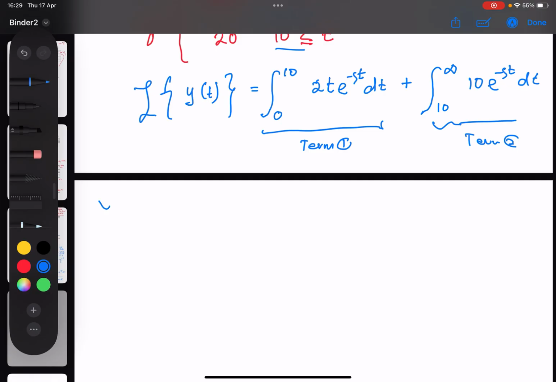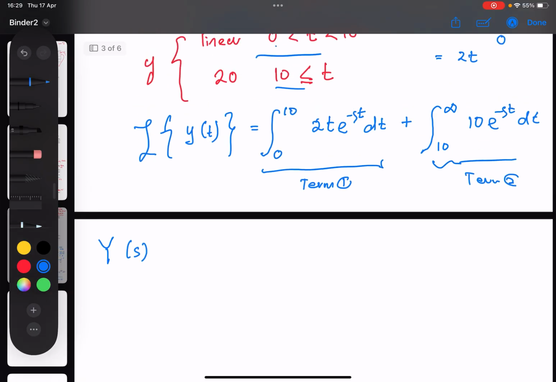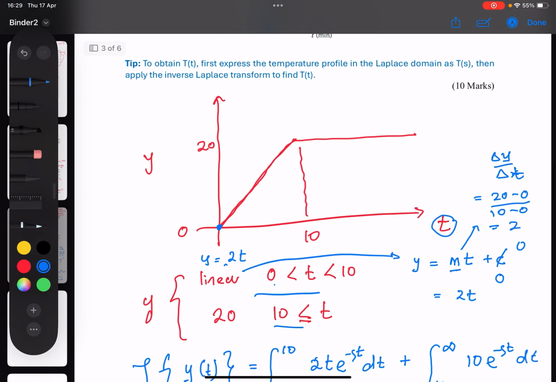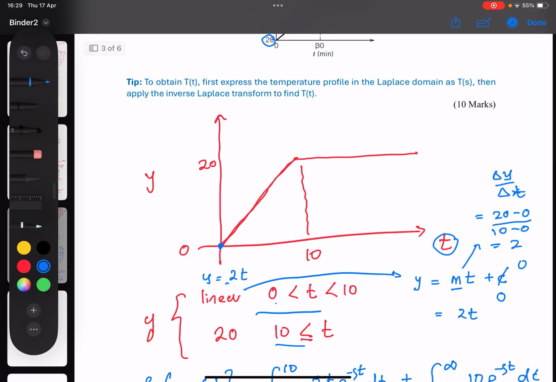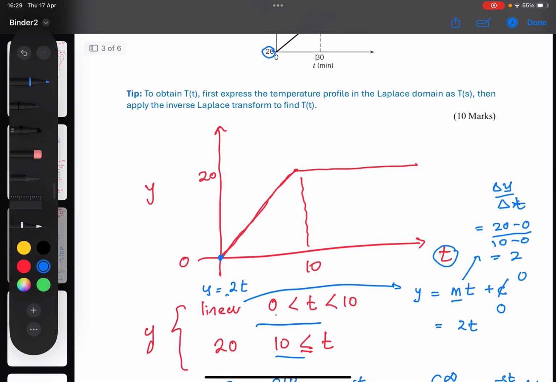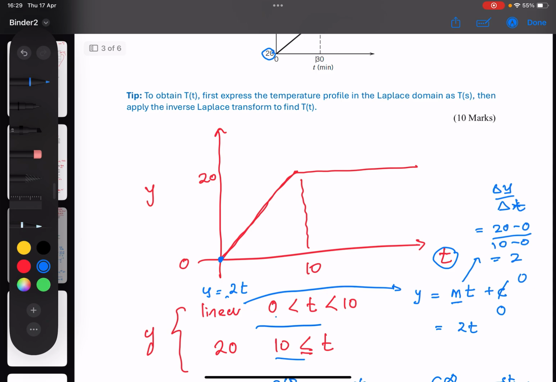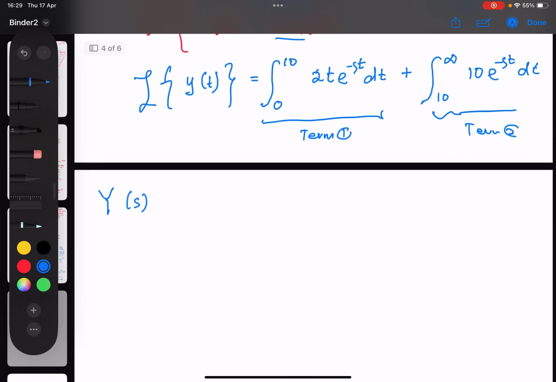So Y(s) equals, now I have to integrate this one. If you notice, for term 1 here, I got two different components, right? So this one is going to be my u, this one is going to be my dv.